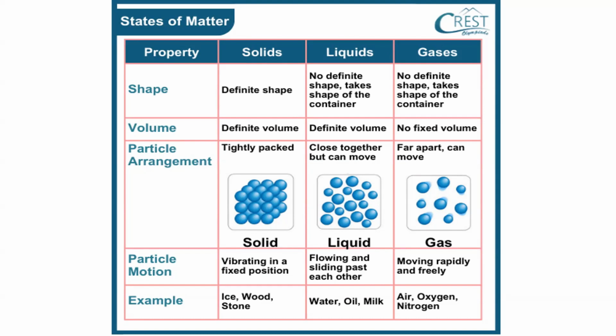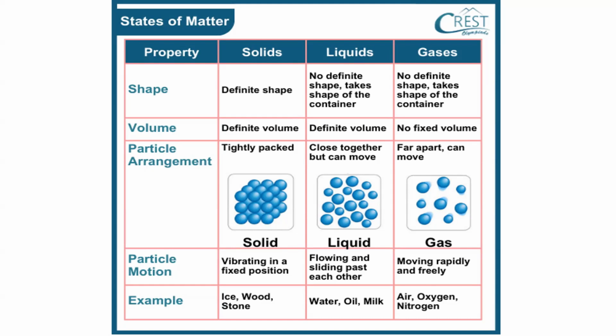So there is a relationship between temperature and kinetic energy. The more you increase the temperature of a system, the higher the kinetic energy. So as you increase the temperature of a solid, the kinetic energy of the molecules increases due to the breaking down of the force of attraction between the particles.